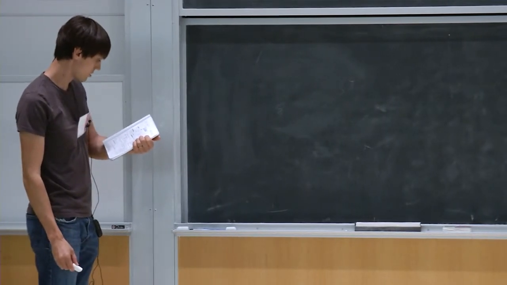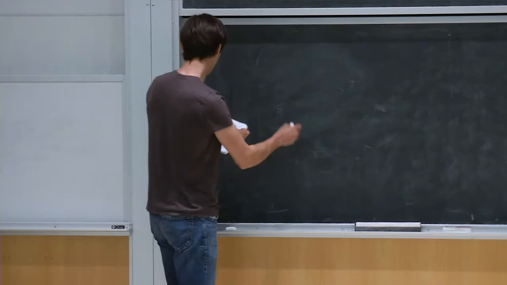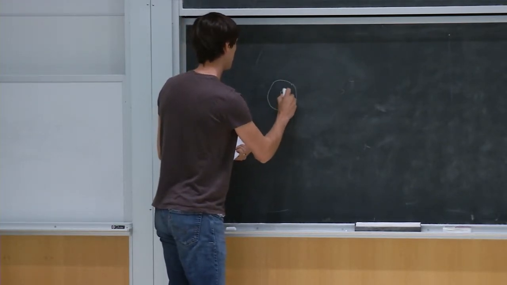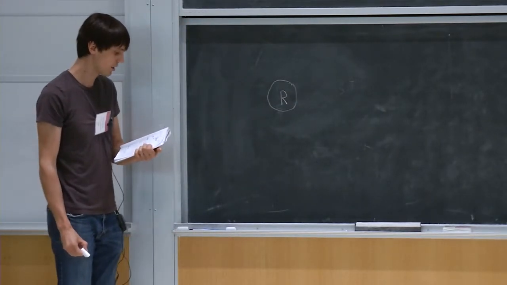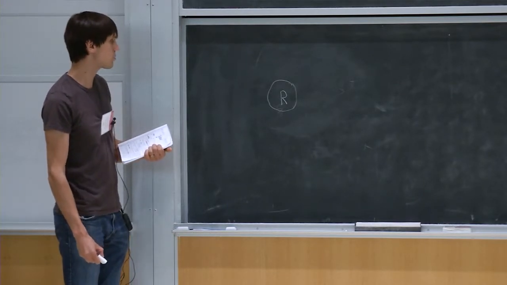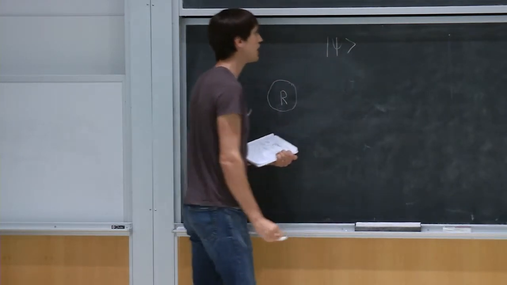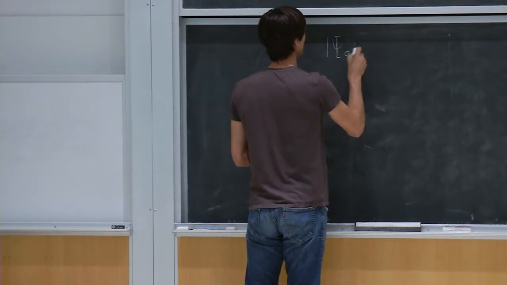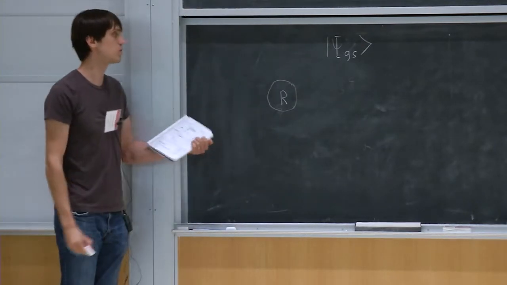Let me consider some subregion, which I'll call R, and I want to understand excitation in this subregion R. First of all, I have my ground state psi, which I'll call psi GS to emphasize the ground state. Now I want to have a notion of an excitation that is localized to the region R.